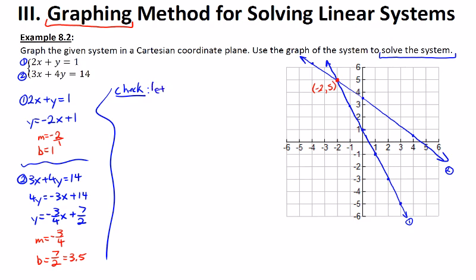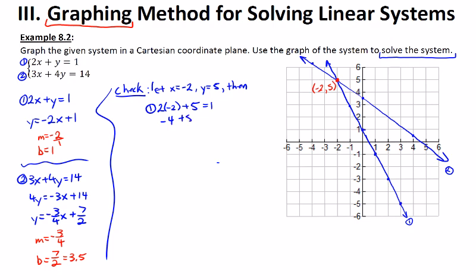So we're going to let x be equal to -2, y be equal to 5, and then equation number 1 is now going to say 2 times -2 plus 5 equals 1. I'm going back to the original representation of the equation for my check. That's a good habit to get into, just in case you make a mistake with the rewriting of the equation for graphing. So this will help catch some of those kinds of errors if there are any.